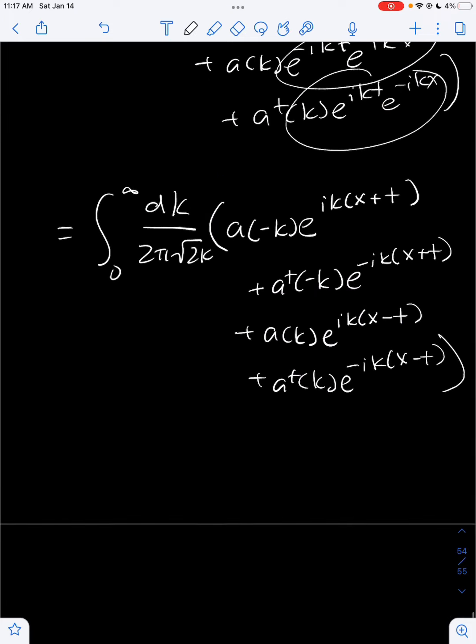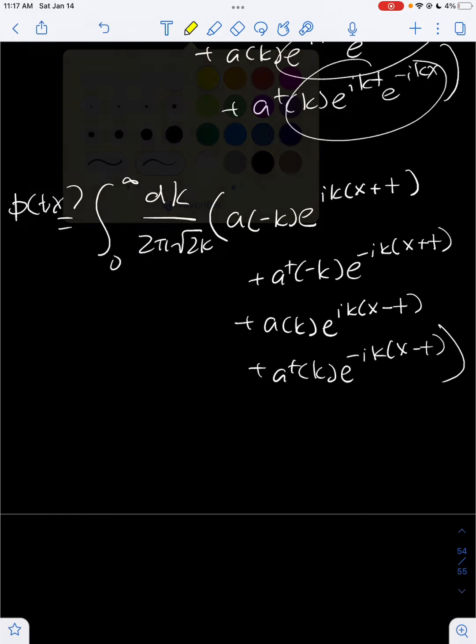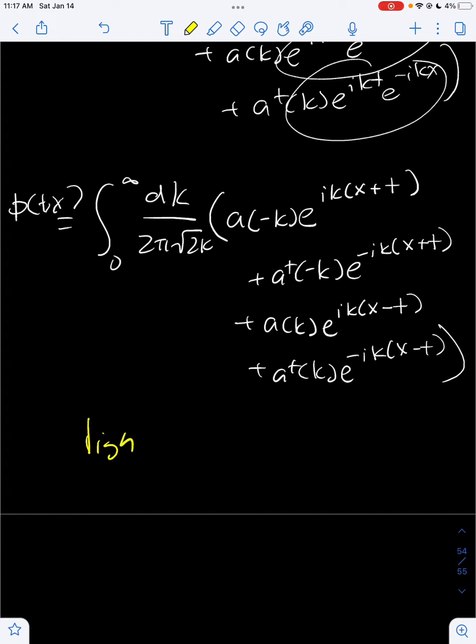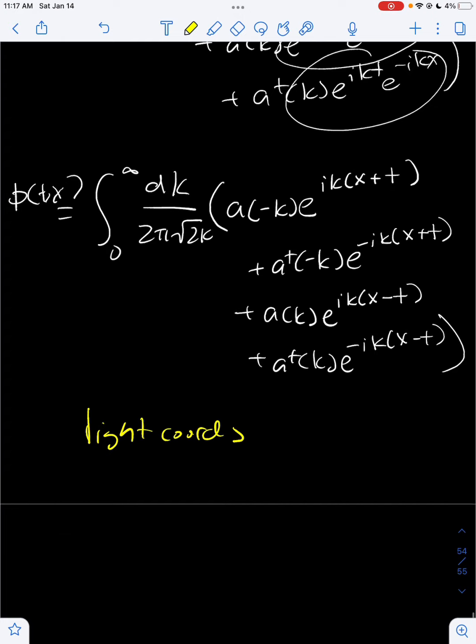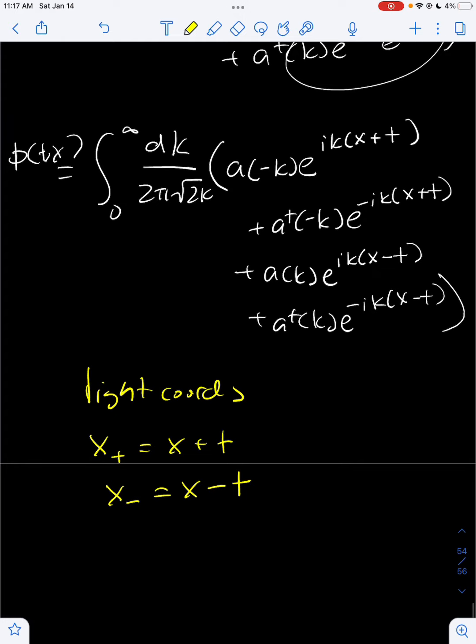And now we can use what are called light cone coordinates. These are defined as x plus equals x plus t and x minus equals x minus t. These are coordinates to make our analysis a bit simpler.